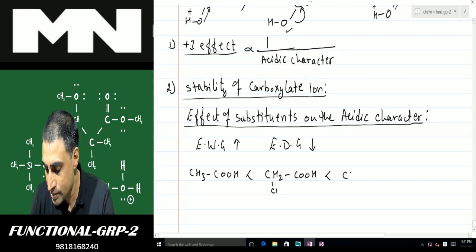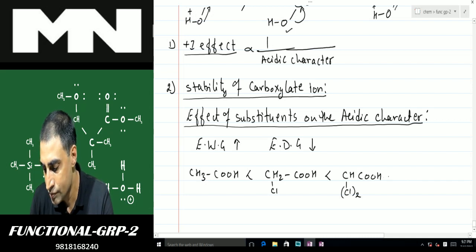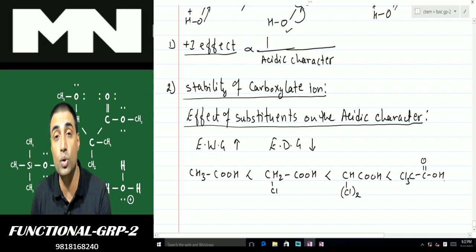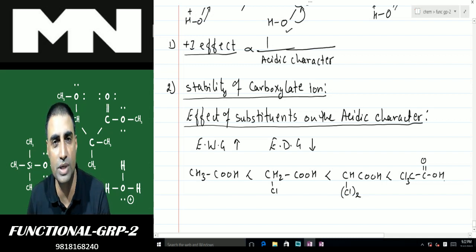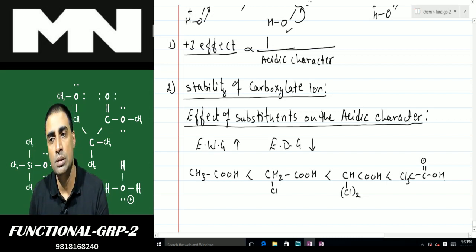Dichloroacetic acid is still more acidic than chloroacetic acid, and likewise CCl3COOH is more acidic. So more the number of electron withdrawing groups attached to the carboxylic acid, the lesser will be the plus I effect and higher will be the acidic character.